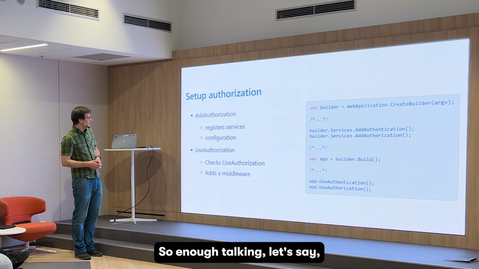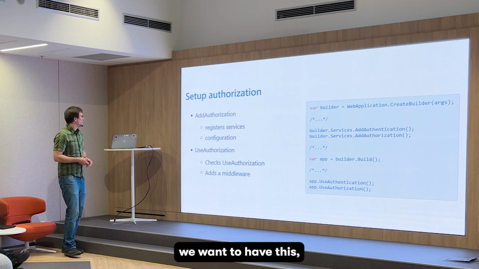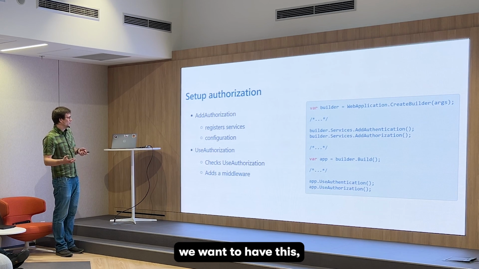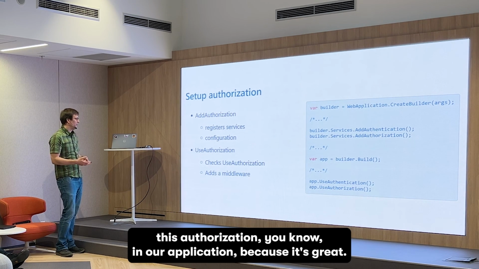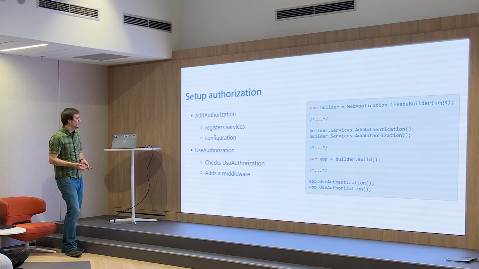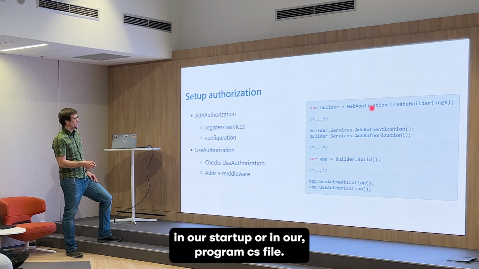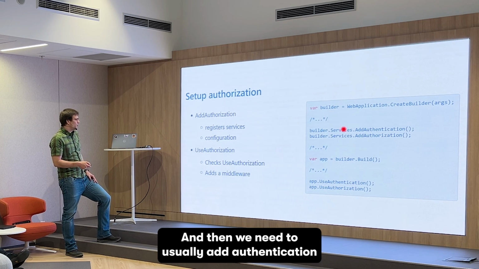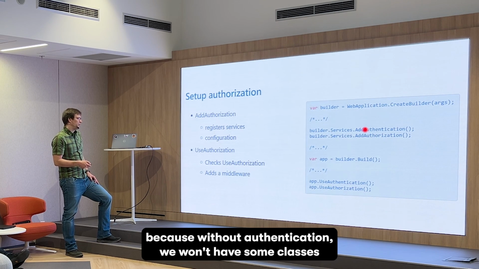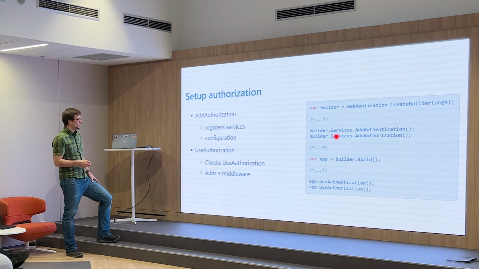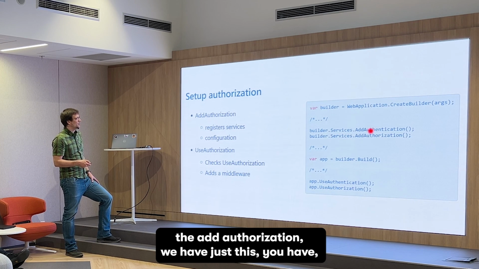So enough talking. Let's say we want to have this authorization in our application because it's great, and we create a builder in our startup or in our Program.cs file, and then we usually need to add authentication, because without authentication we won't have some classes that we need, I guess, and then add authorization.